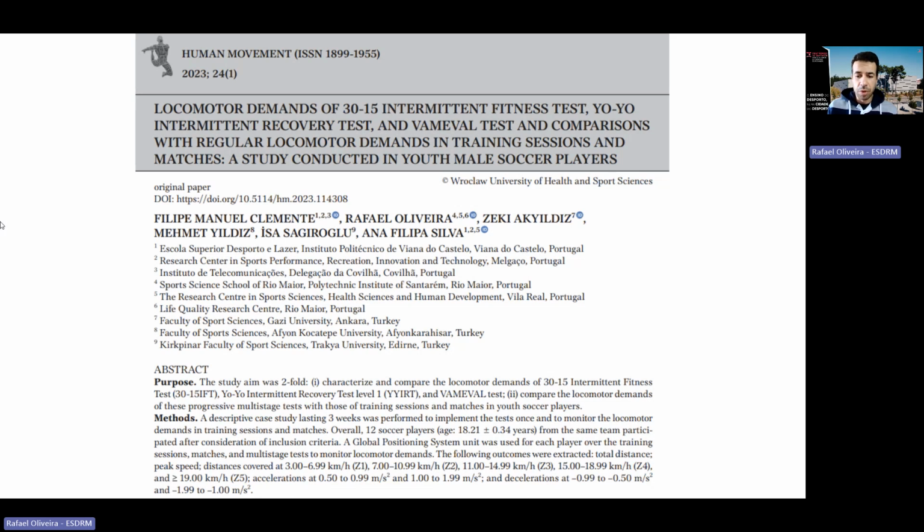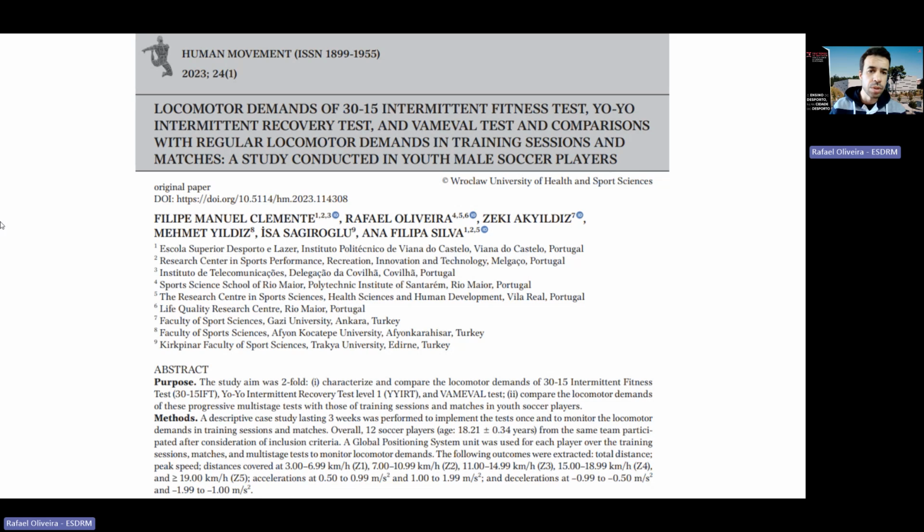This is just an example, and we can speculate that we can apply other types of tests, for agility, strength, and also some training sessions during the in-season. So let's see this example.